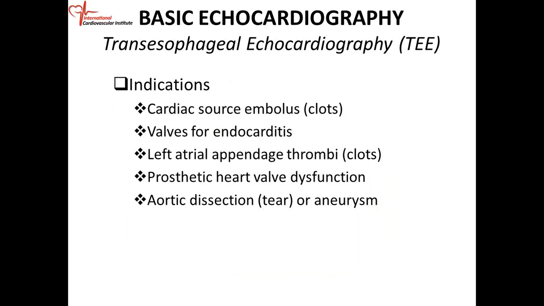If the patient has evidence of endocarditis, or if you're not seeing a valve clearly, say the mitral valve or the aortic valve, and you think there may be an infective mass, a vegetation, then a transesophageal echo is indicated because the transesophageal echo allows you to see much smaller vegetations than your transthoracic.